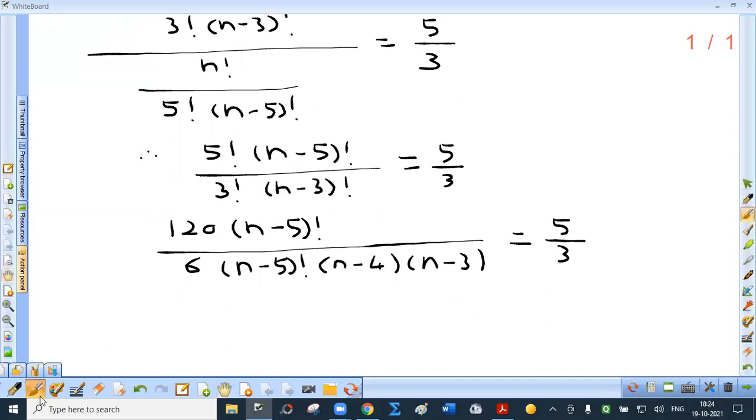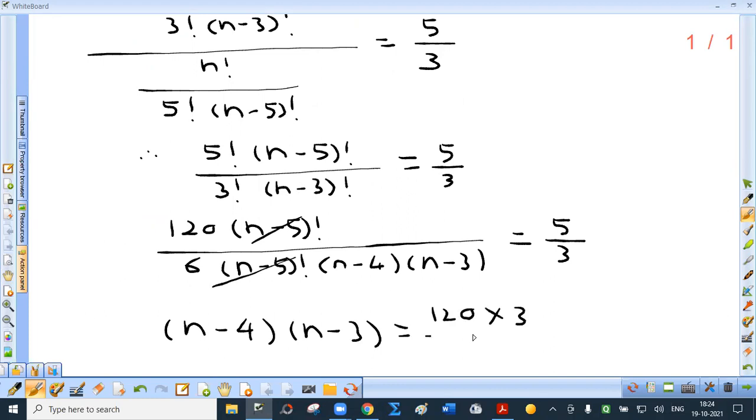Now, how to simplify this? This gets cancelled. Then I will directly write this. So n minus 4 into n minus 3 equal to what? 120 into 3 upon 6 into 5.